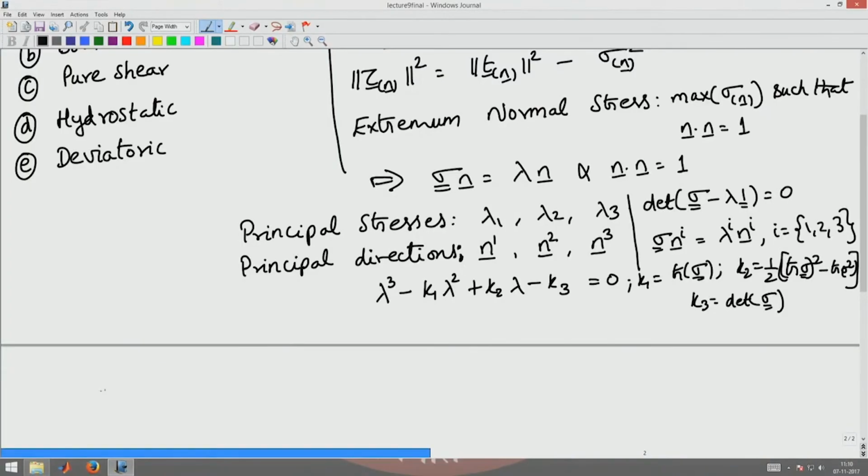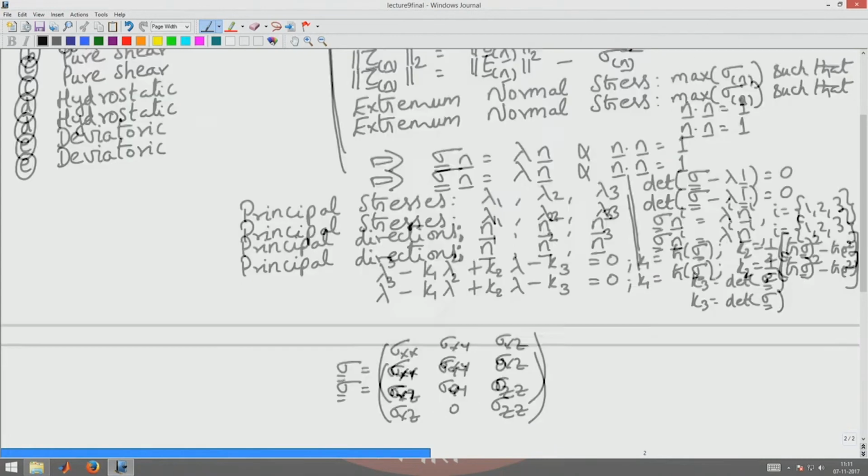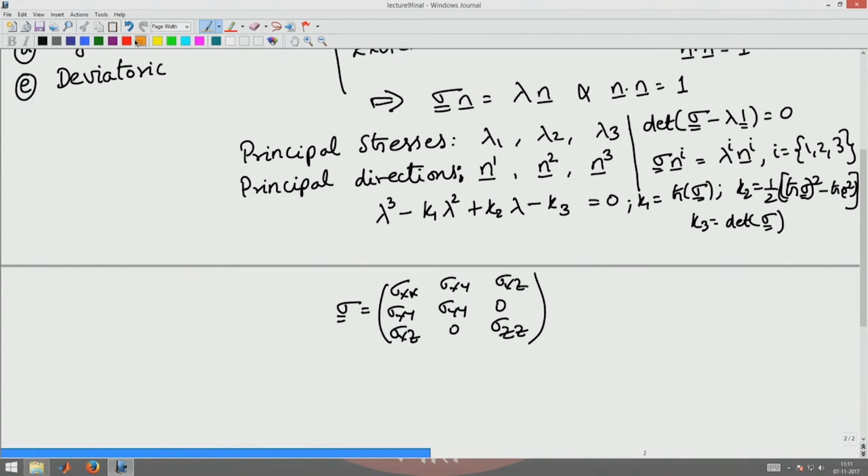Okay. This stress tensor was represented as sigma xx, sigma xy, sigma xz, sigma xy, sigma yy, sigma yz, sigma xz, sigma yz, sigma zz. This was a 3 dimensional stress state in some chosen coordinate system Ex, Ey, Ez.